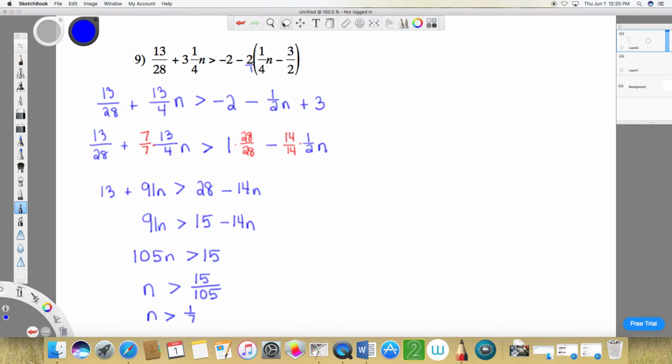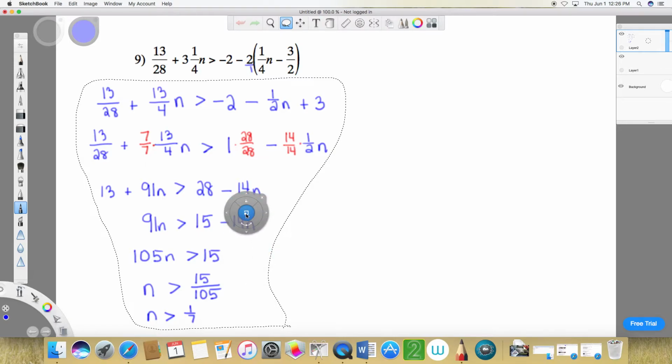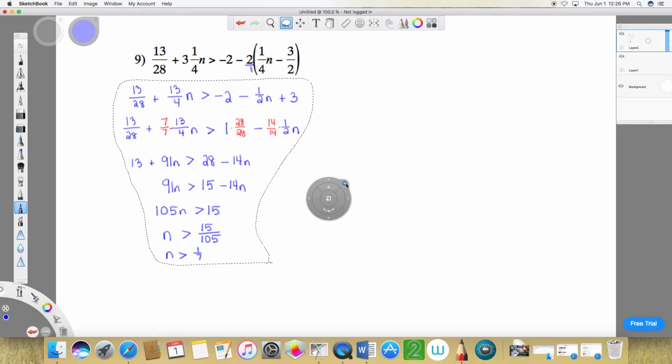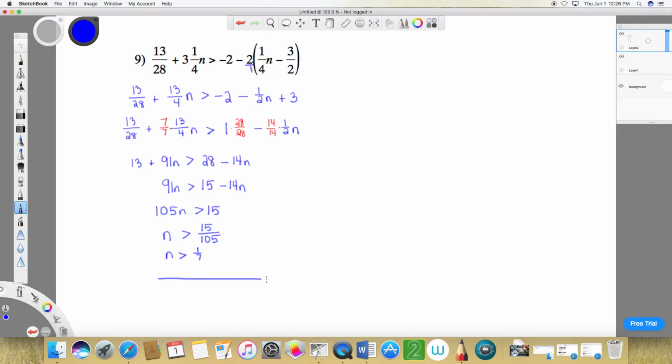Now, I need to write this in interval notation. So if we're greater than 1/7, think about what that means, that you're between 0 and 1, you're real close to 0, and you're excluding that fraction 1/7, and you're shading all the numbers to the right of that.